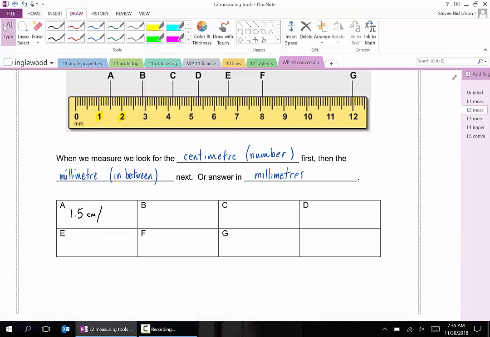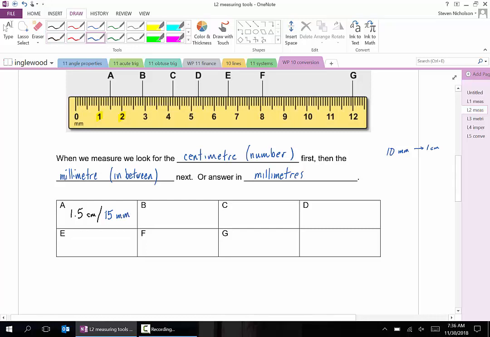Well, we could also answer in millimeters as long as we understand this simple relationship. There are 10 millimeters in 1 centimeter. So instead of counting 1, 2, 3, we could count in 10, 20, 30. If we looked at A, there'd be between 10 and 20 millimeters, and we know they're 10 plus 5, so there would be 15 millimeters.